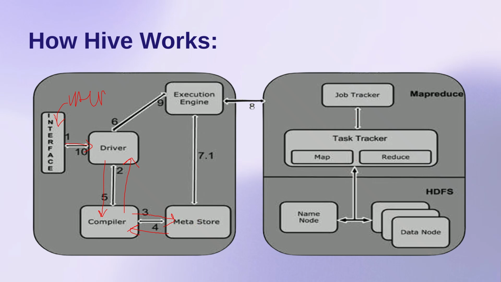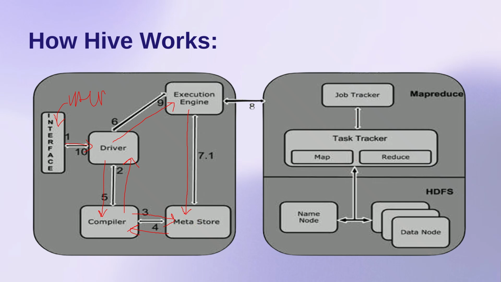So now the driver will send a request to the execution engine, which does the particular query execution. The execution engine once again sends a request to the metastore to check if the queries are correct and everything is all right. Once they receive the database information, table name, and everything, they continue the execution.